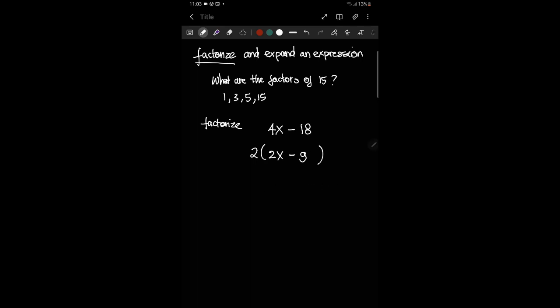Let's say we have another expression. For example, 4x squared minus 2ax, like this. And then we need to factorize this. So the same question I will ask you. What is the number that can divide both terms perfectly?